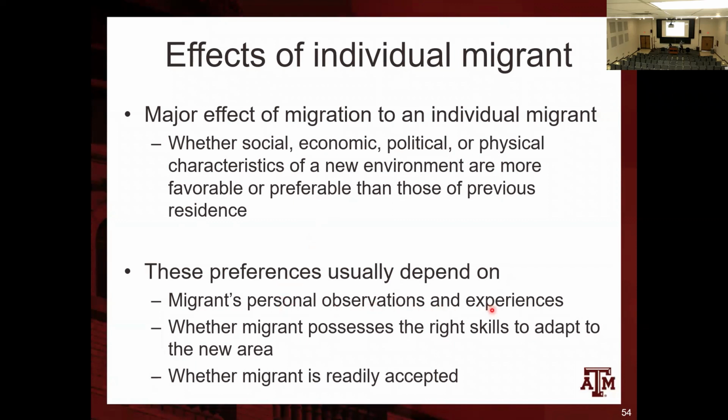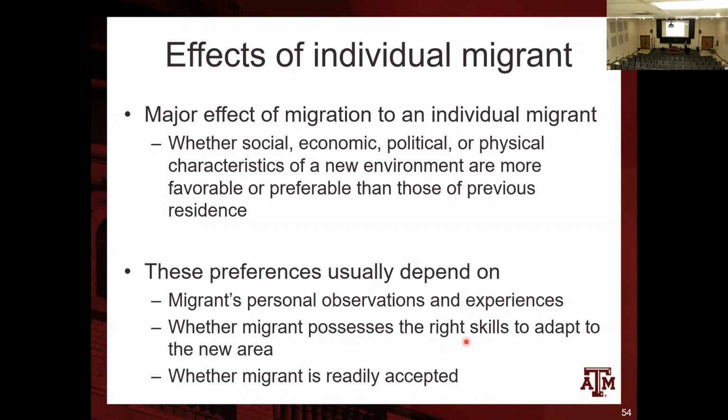We don't know everything about an area of destination before we move there. But if I have friends and family who moved there, that might increase my chances to be successful in the destination. These preferences will also depend on whether the migrant possesses the right skills to adapt to the new area.